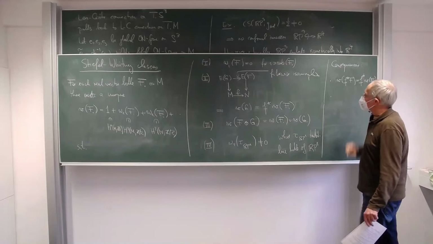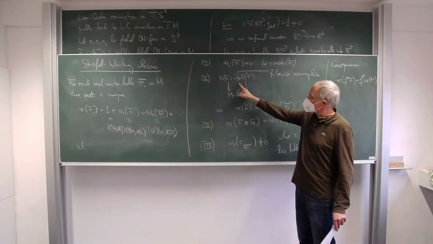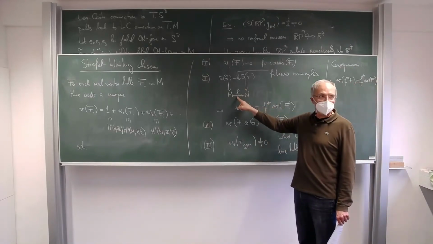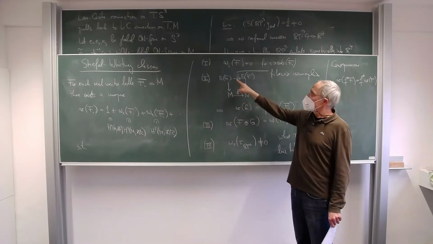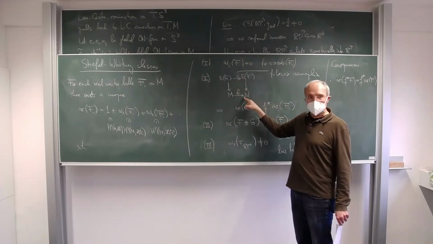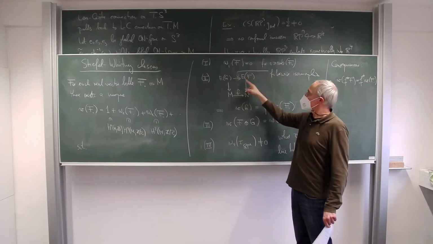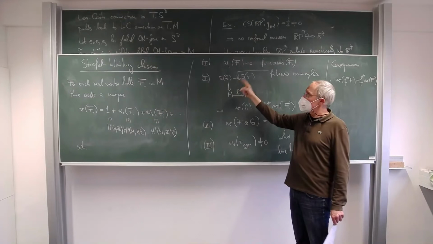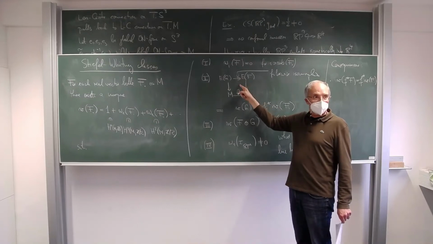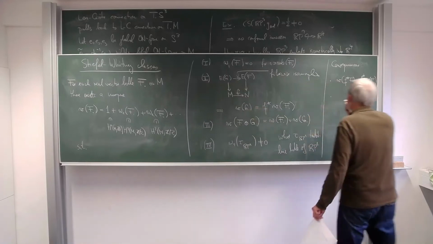But also, I can apply this when the base map is the identity, M and N equal. Then we have two vector bundles over the same base manifold with a fiberwise isomorphism. In other words, we have a vector bundle isomorphism. And this tells me that the Stiefel-Whitney class does not change under vector bundle isomorphisms.